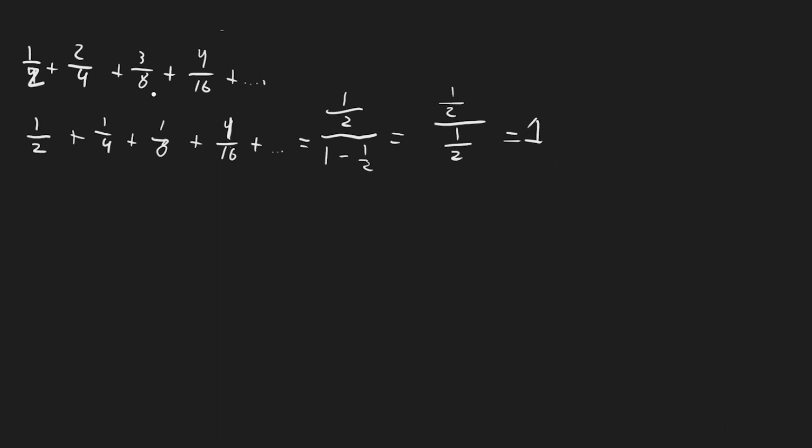But we have more than that, because we can see that we are missing the 2 here. So actually we can create a row where this is not a part of it: 1/4 plus 1/8 plus 1/16, again continuing. If we look at this, this must be this sequence just minus 1/2.